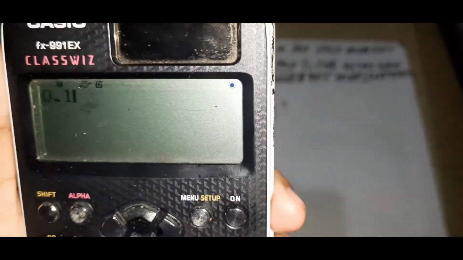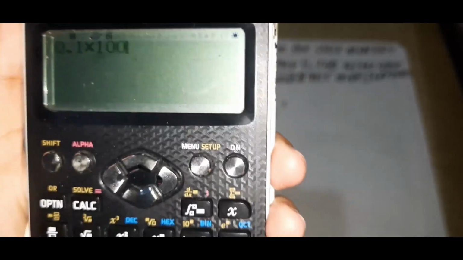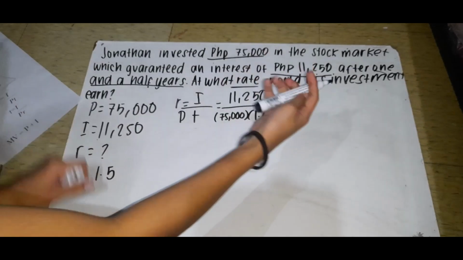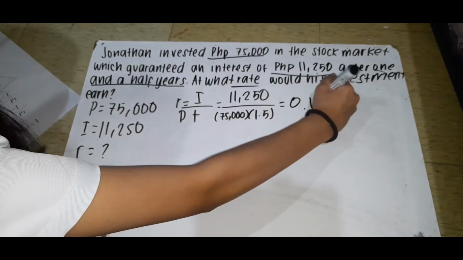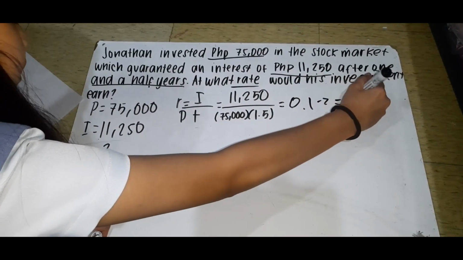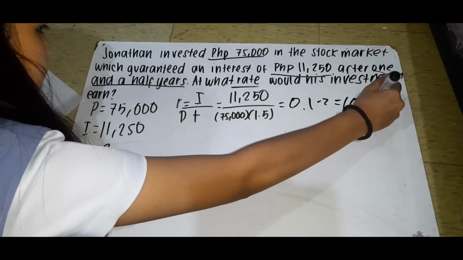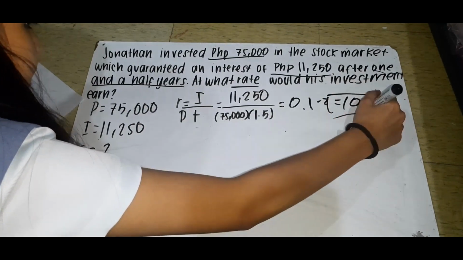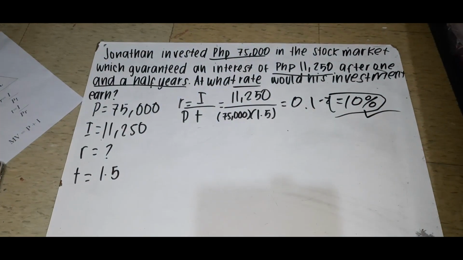So 0.1 times 100 is 10. So the answer would be 0.1 into 10%. So this is the final answer or final solution. Pretty easy, right?